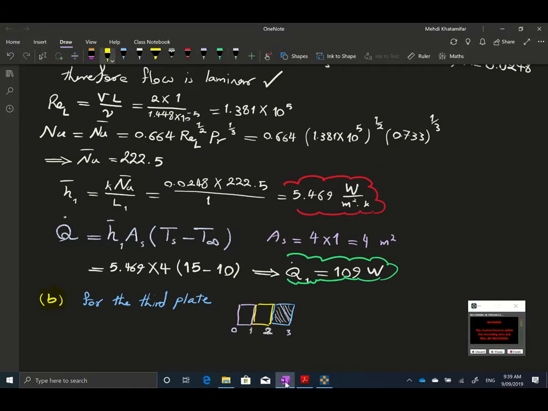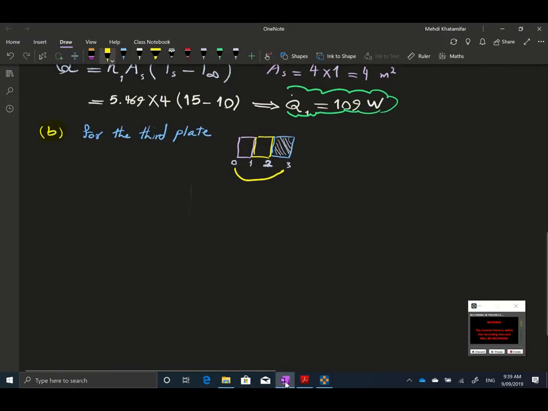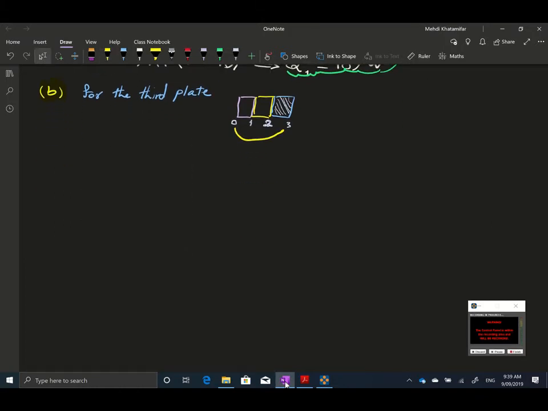So from 1 to 3, which I don't want. So what is the solution? I'm going to find from 0 to 2, from 0 to 3, and then subtract from each other. Let's see how it is going to happen.